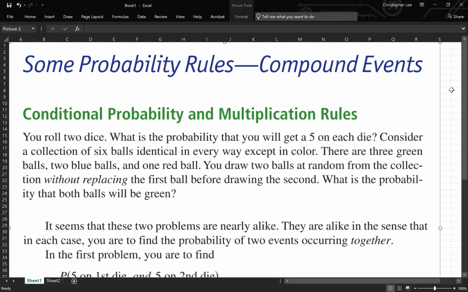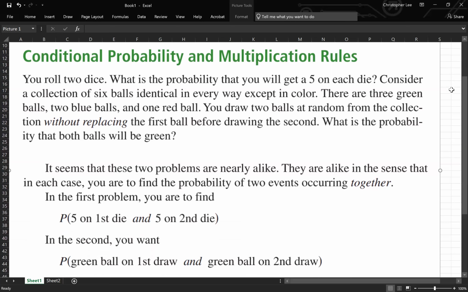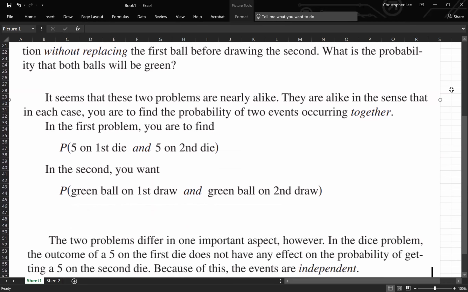It seems that these two problems are nearly alike. They are alike in the sense that in each case, you are to find the probability of two events occurring together. In the first problem, you're to find the probability of 5 on the first die and 5 on the second die. In the second problem, you want to find the probability of a green ball on the first draw and a green ball on the second draw, right?